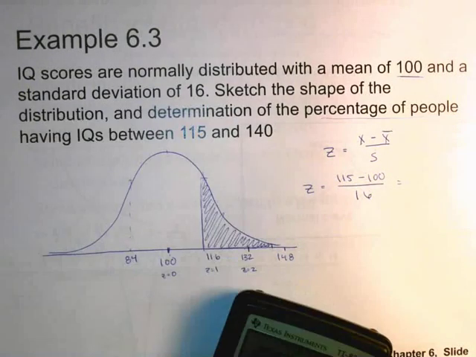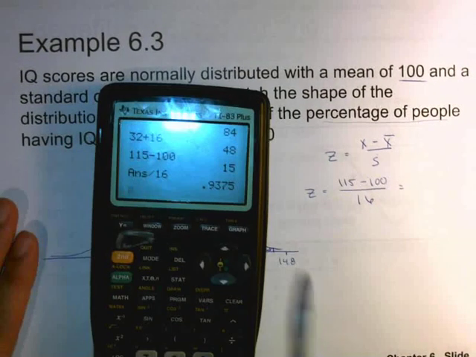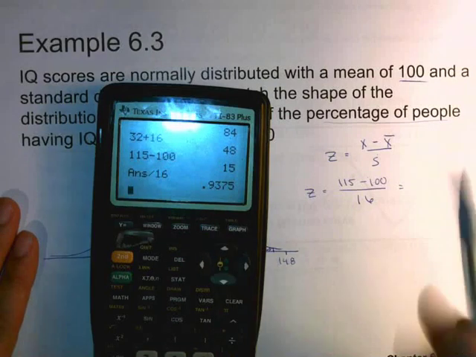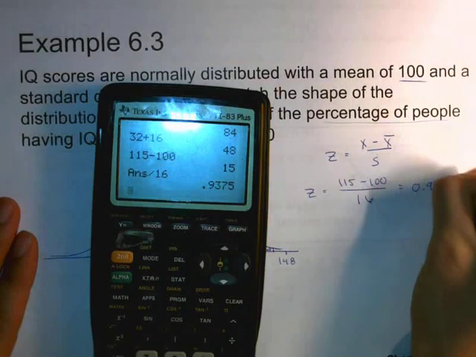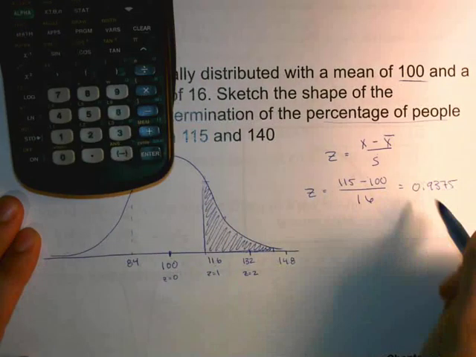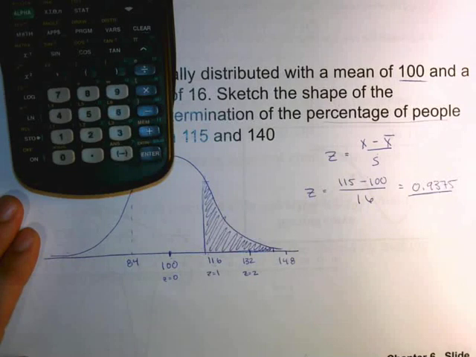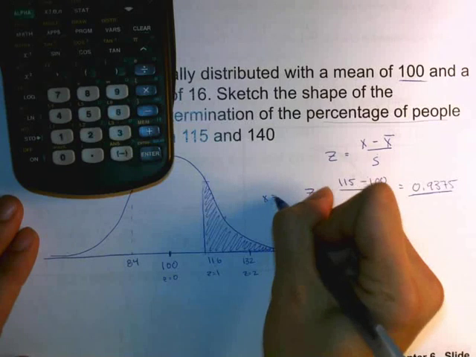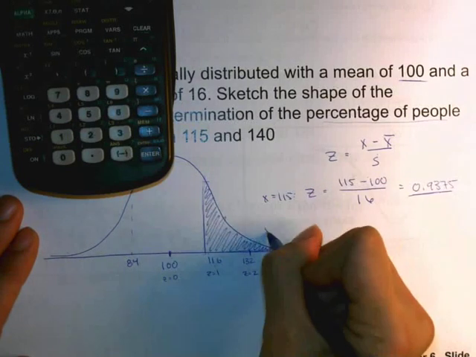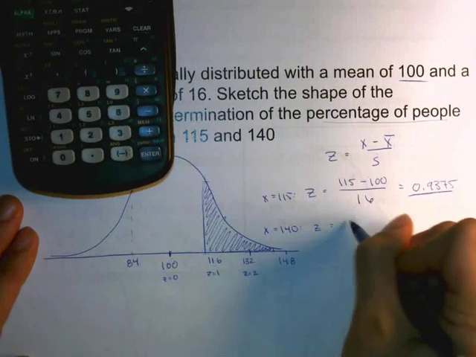So if x is 115, minus 100 divided by the standard deviation, I got that is a z-score of 0.9375. And that makes sense, because I expect this z-score to be really close to 1, because 115 is really close to 116.